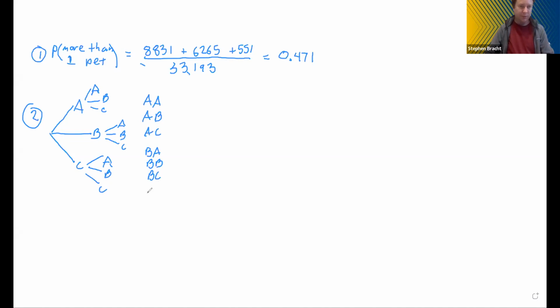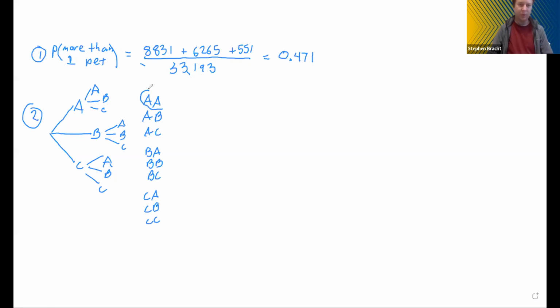And if C is chosen first, I could choose A second, B second, or C second. And the question was to find the probability of at least one A, right? So at least means 1 or more. So I'm going to circle, this is my sample space, right? There's 9 outcomes.